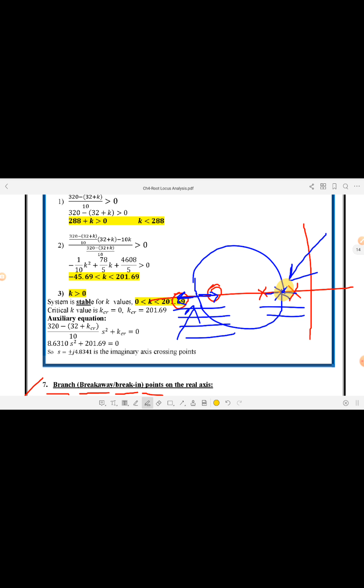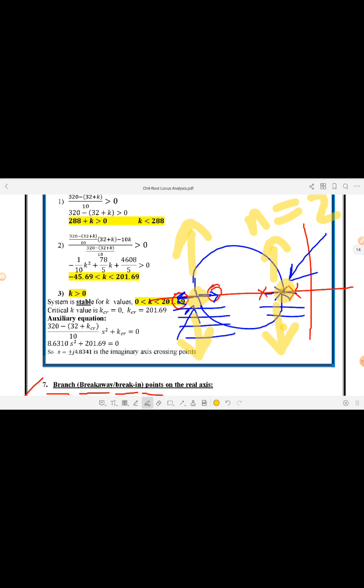This is what I mean by the angles here. The angle will be plus 90, minus 90, and here also the angle will be plus 90, minus 90. Why? Because we have two branches meeting each other at this branch point. One will go up with plus 90 and the other will go down with minus 90, and also here one will go down and one will go up.